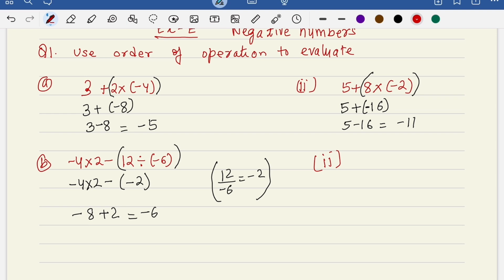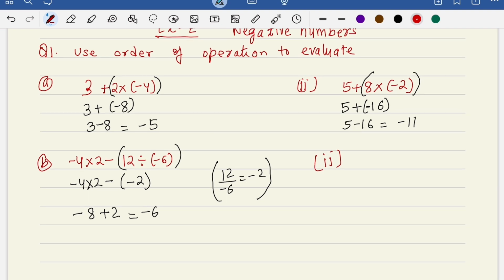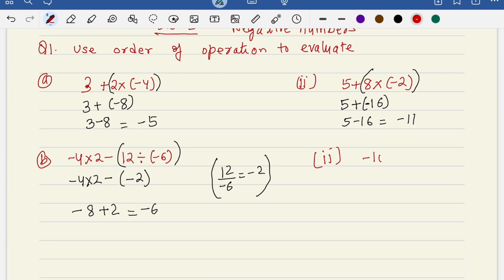Second part. Minus 10 times 3 minus 18 divided by minus 3. The minus 18 divided by minus 3 should be done first, and minus 10 into 3 would be one operation.